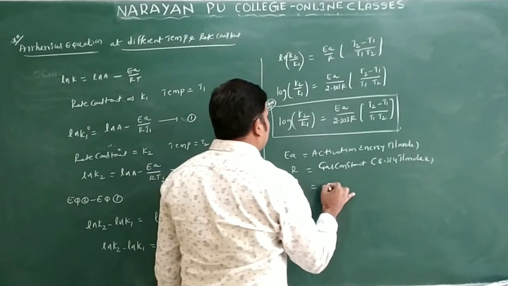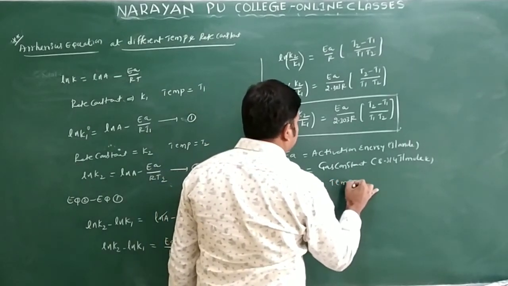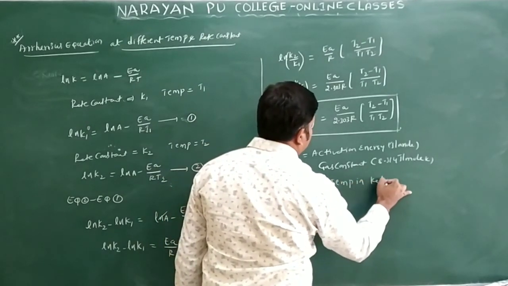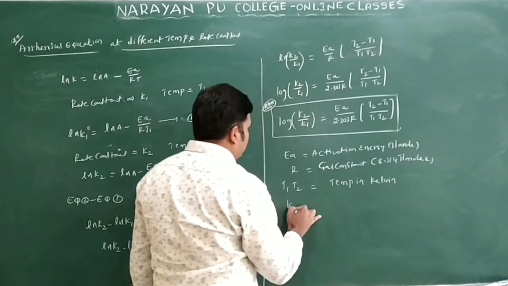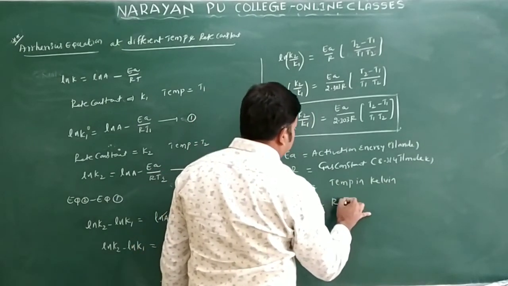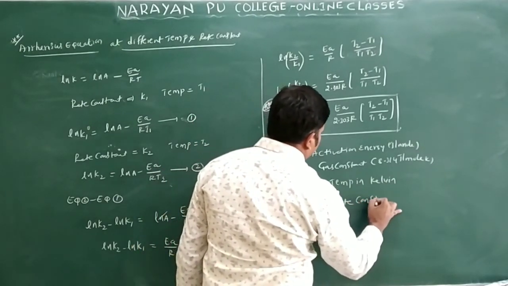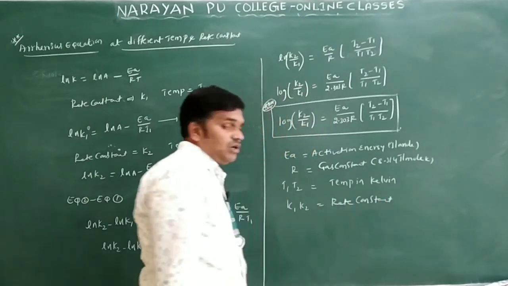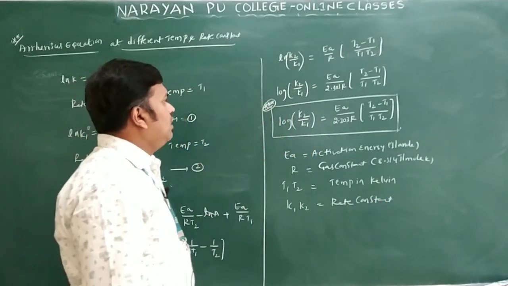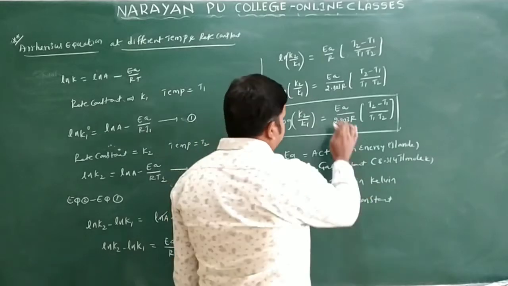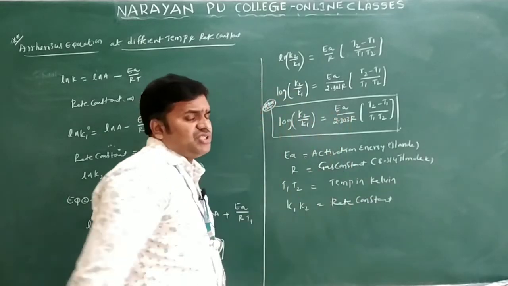T1, T2 are temperatures in Kelvin. K1 and K2 are rate constants. So this is the formula we use to find the activation energy, rate constant, or the temperature of the reaction.